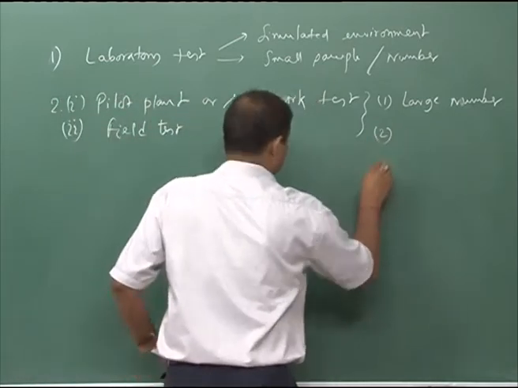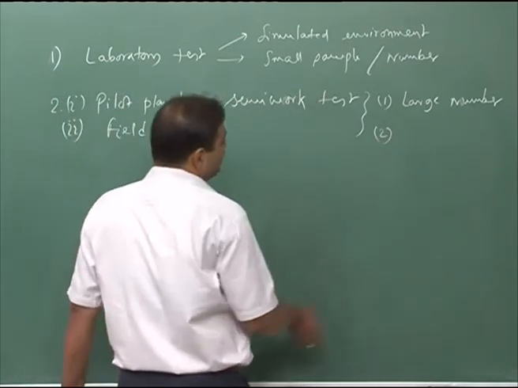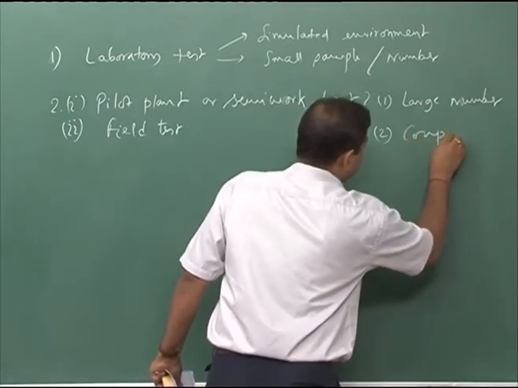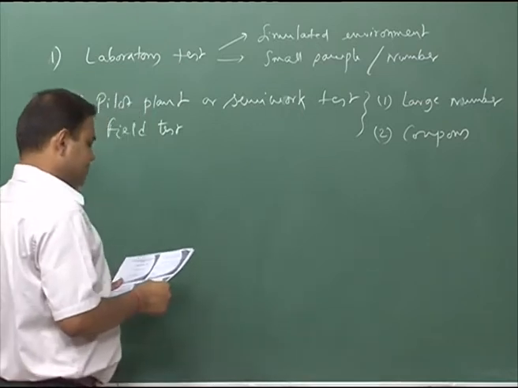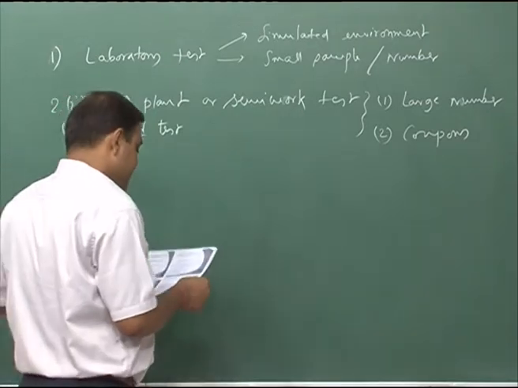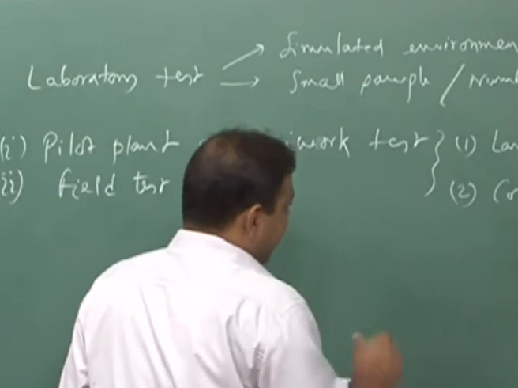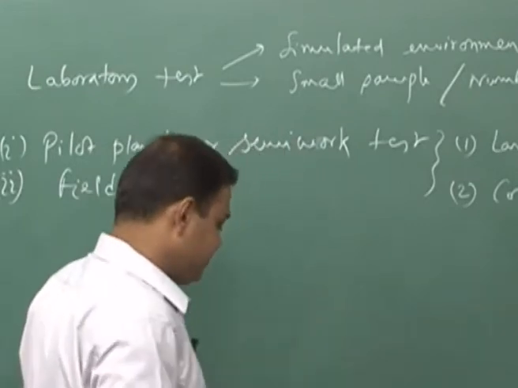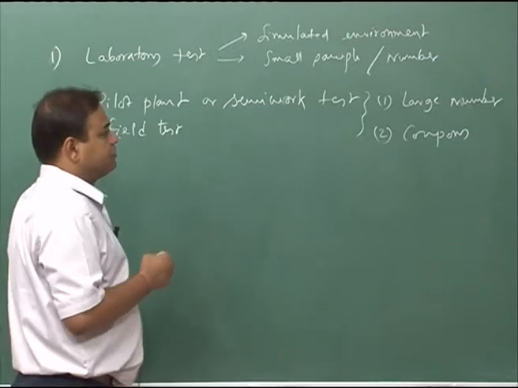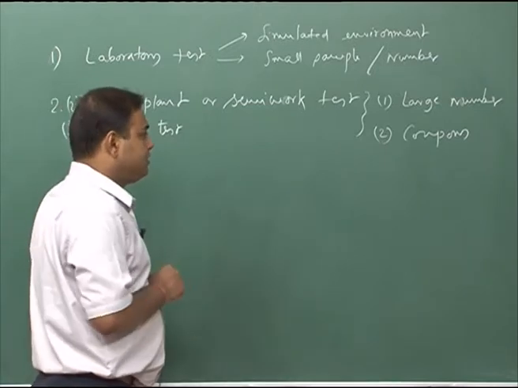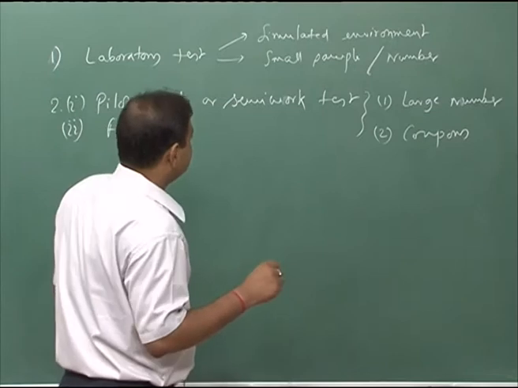Then we have coupons, small coupons that can be placed in a rack in a particular fashion, and from time to time we can take those samples out and see what the corrosion response is.